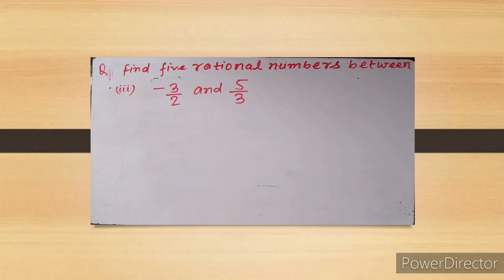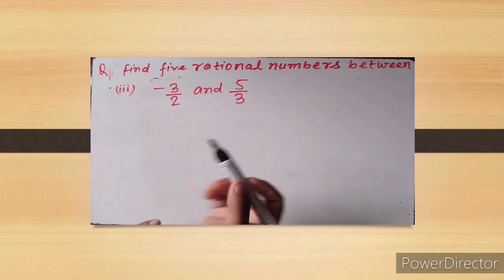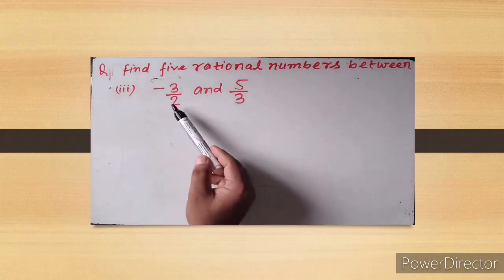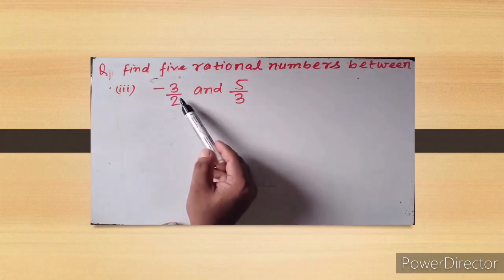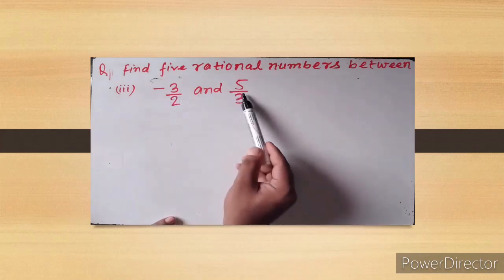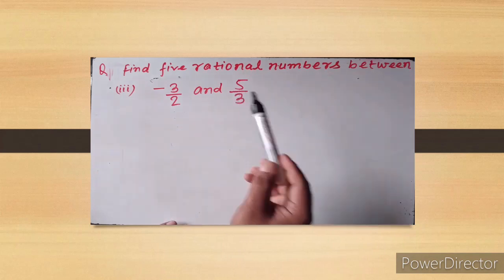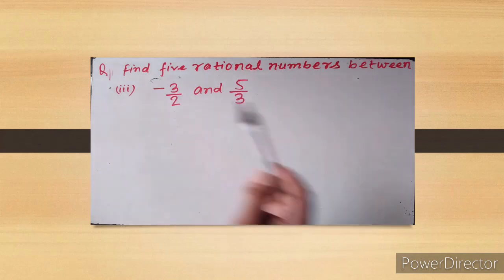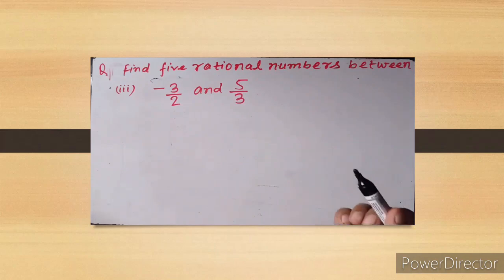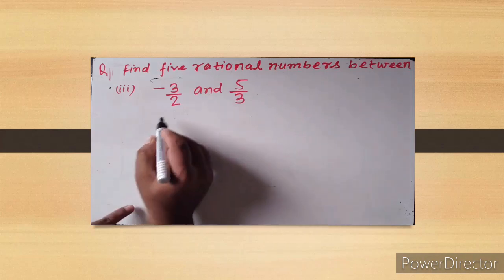We will do it like that. Again, here if we see the denominator, here the denominator is 3 and over here the denominator is 2. Now what is the first step? First step is we will equalize the denominator.